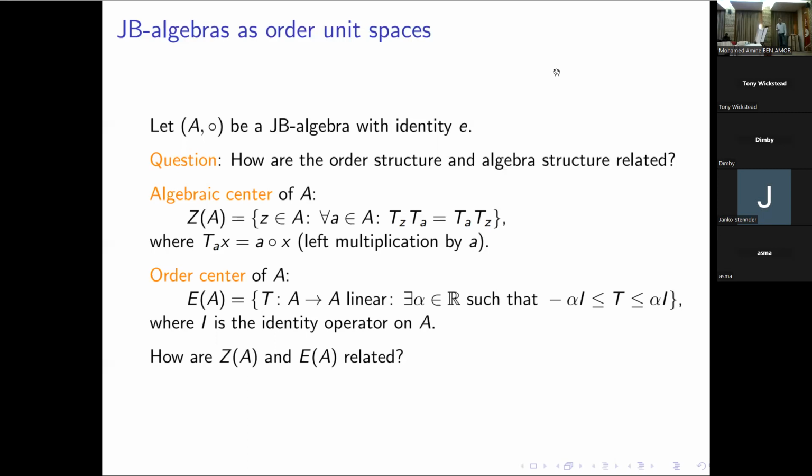And the order center, that is not a subset of the algebra, but a set of operators on the algebra to itself, linear, such that they are between multiples of the identity. And then the question that we have here is, how are these two centers related? Is there a relation between those two? This is what we're going to show.